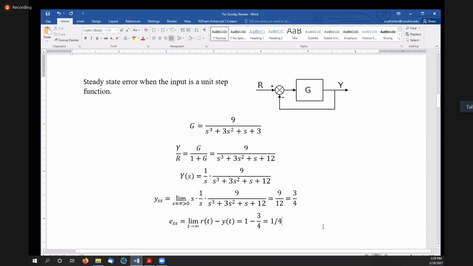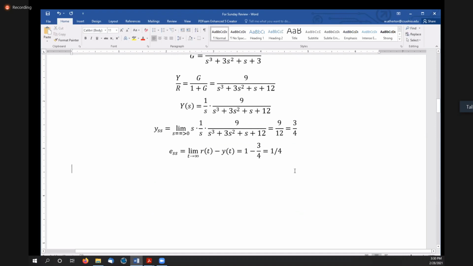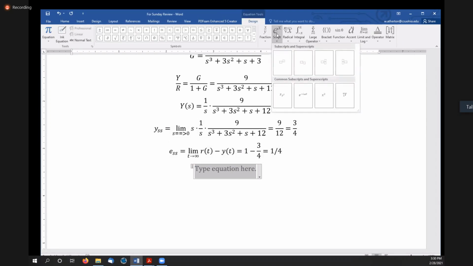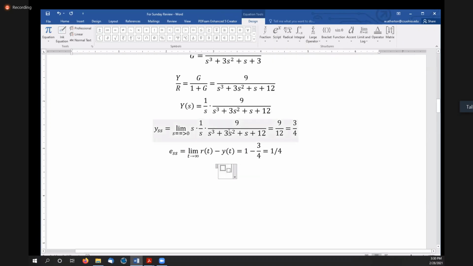Nope. Another way you could do that, here I found the final value of the response and then took the difference. You could also find the error in the Laplace domain. I'll do this. So the steady state error in the Laplace domain would be equal to what?